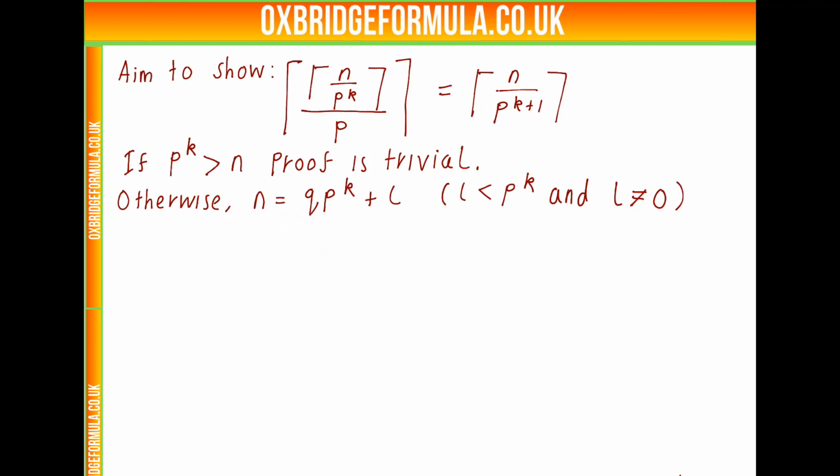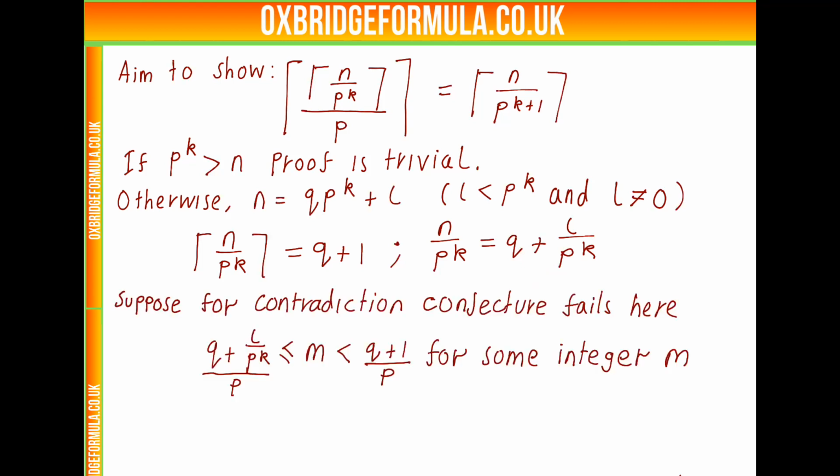So we've got this. Now, if we calculate the ceiling of n over p to the k, we have the ceiling of q plus l over p to the k, so q plus 1. And n over p to the k is q plus l over p to the k. Okay, so we've got our two quantities here, and we're going to argue by contradiction. So suppose for contradiction the conjecture fails here. Then what happens?